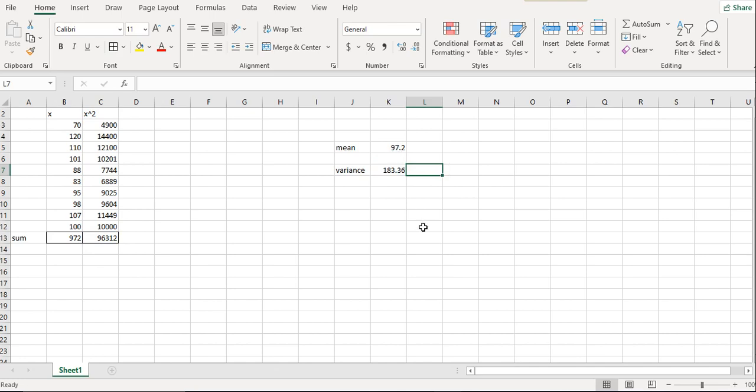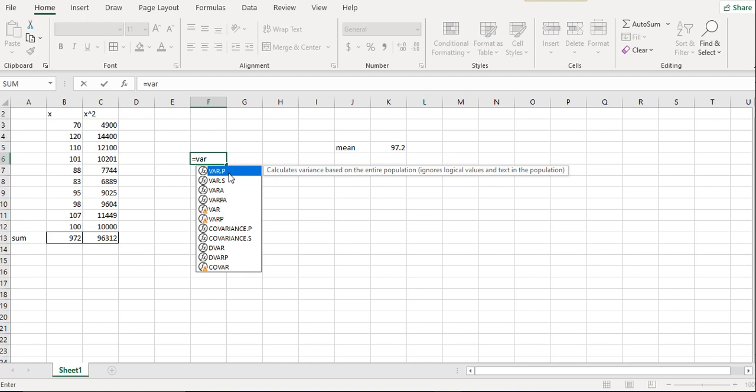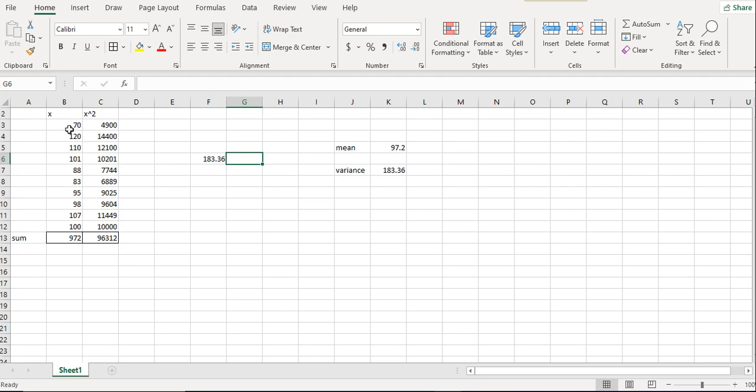It gives us the value of the variance as 183.36. Otherwise I can directly use the variance formula. In Excel we have a direct command for variance also, and its value is 183.36, but manually this is how we can calculate it.